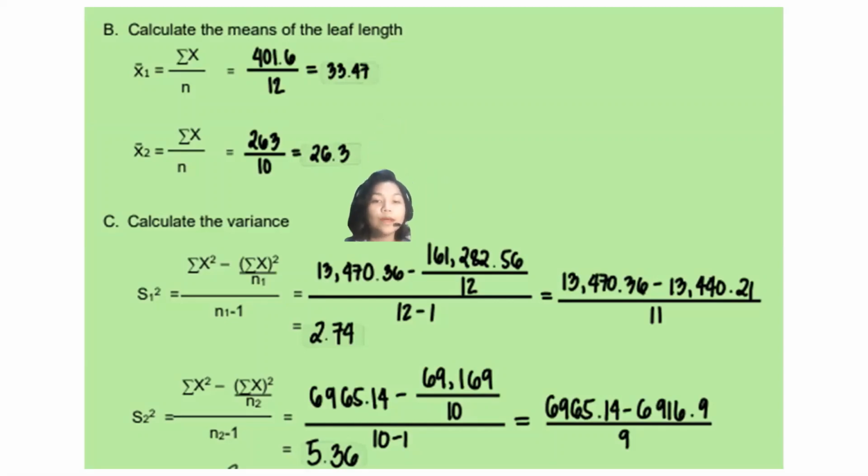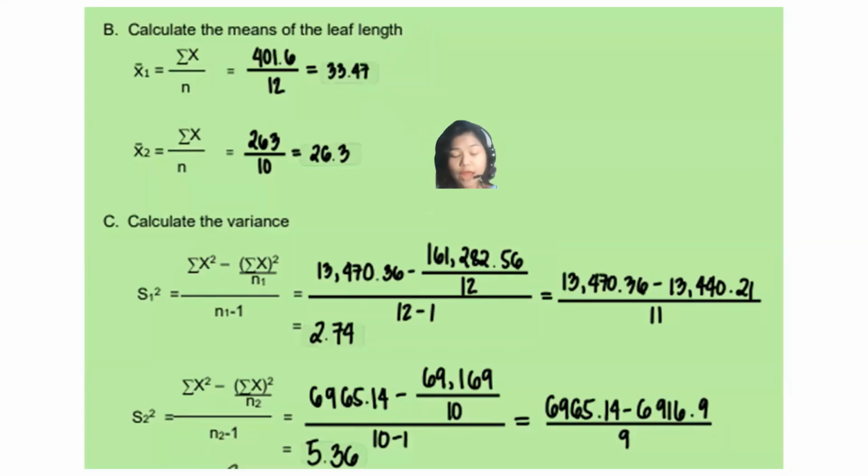Now we are required to calculate the variance. To calculate the variance, we will be using this formula. This is the sum of squares and this is the square of the sum, divided by the number of samples. First, we are going to compute the variance of the first variety, X. We use the values: the sum of squares is 13,470.36 minus, we just need to square this 33.47.